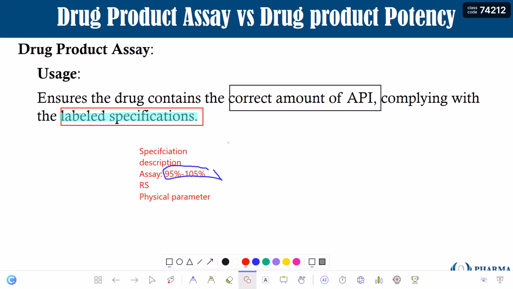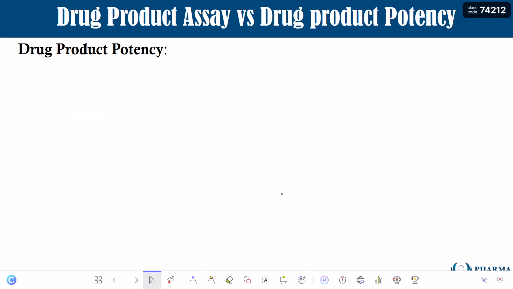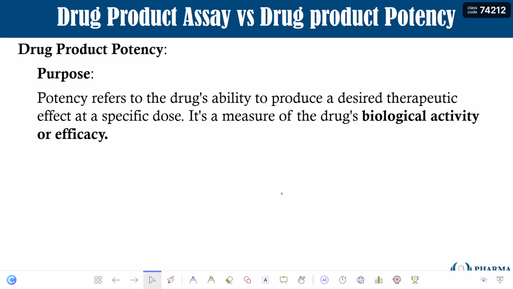Let us now understand the second term, that is the drug product potency. What is the drug product potency's purpose? The potency refers to the drug's ability to produce a desired therapeutic effect at a specific dose, meaning the dose we talked about, 20 mg of telmisartan.